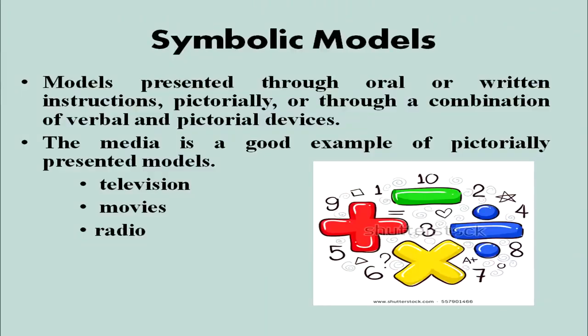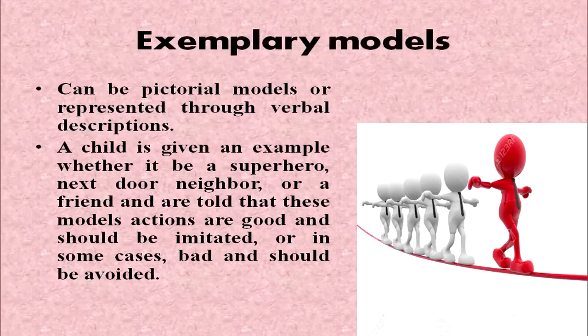What are symbolic models? Symbolic models are presented through oral or written instructions, pictorially or through a combination of verbal and pictorial devices, like addition, subtraction in mathematics, alphabets in English. Good examples of pictorially presented models are television, movies, radio. Exemplary models.